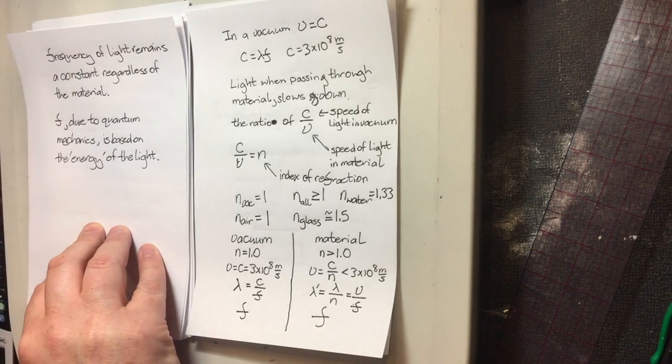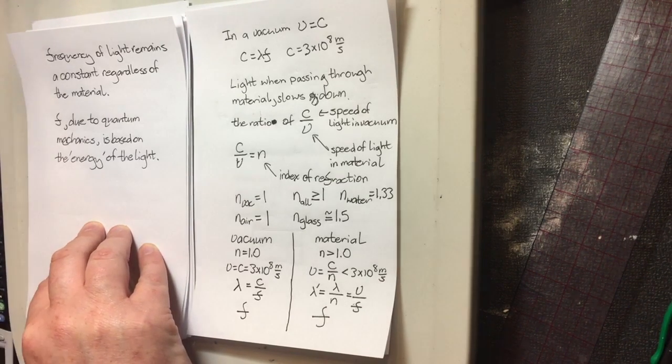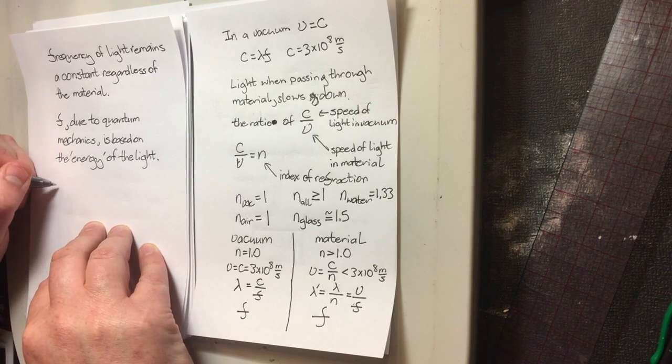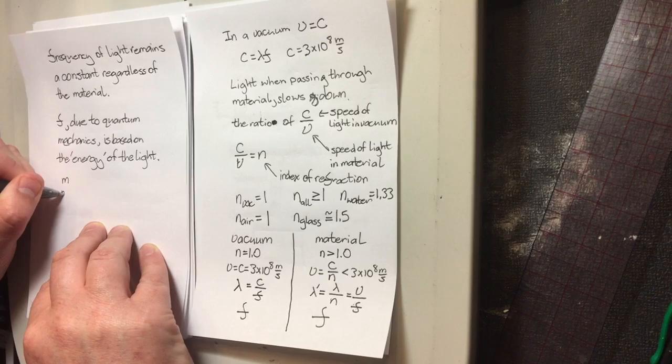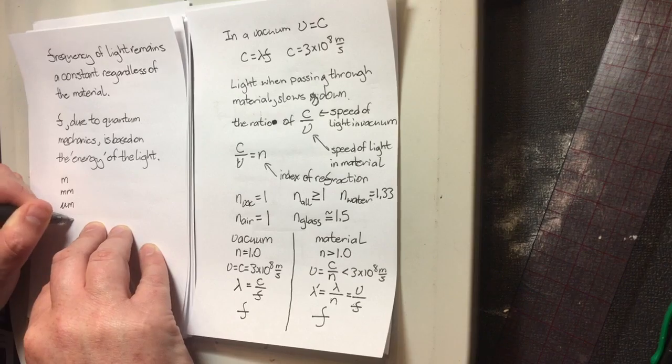Let's say, for instance, I've got, well, I have to introduce one last thing. We're familiar with meters, millimeters, micrometers, nanometers.